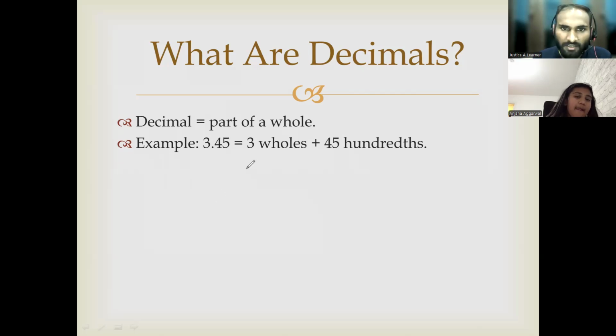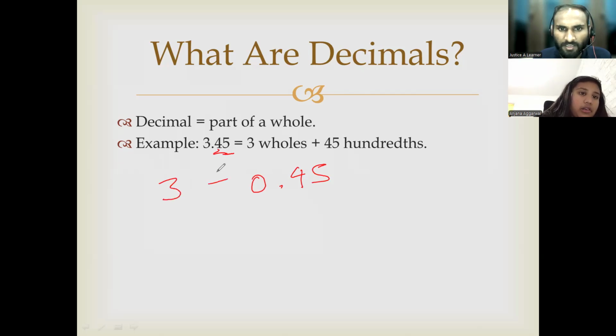So here you see this part, 0.45. We can write 3 plus 0.45. Is that okay? Yeah. You have gone through addition, right? Yes. Okay. So what if we need to find 4 is standing at which place value and 5 is standing at which place value?